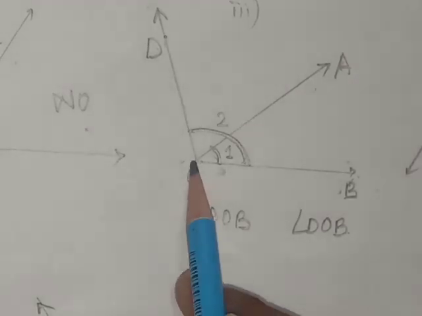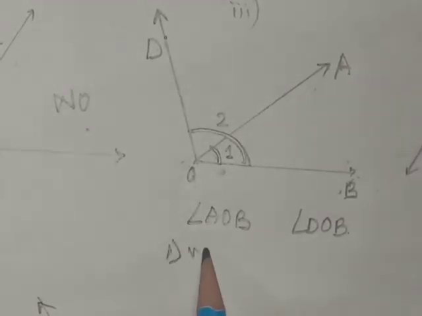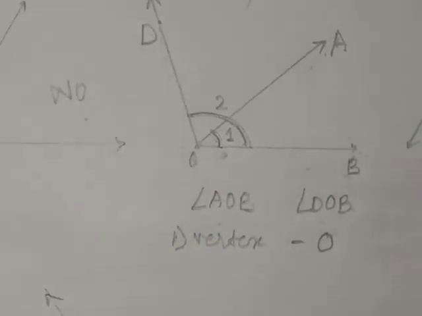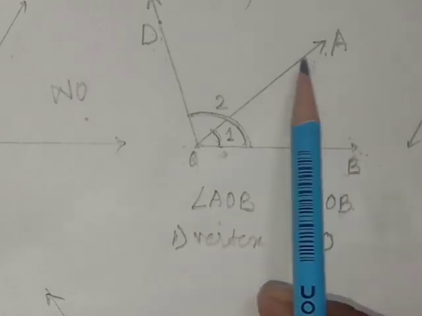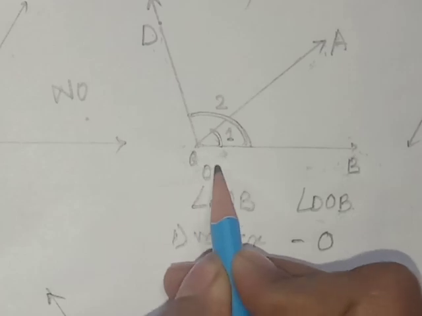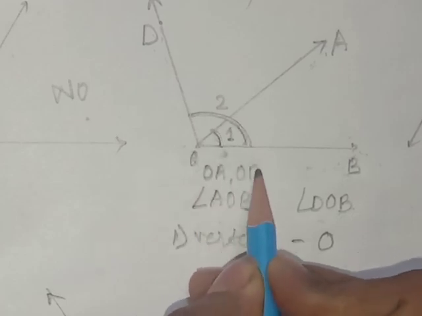Check it out. First, the vertex. Do they have a common vertex? Yes, they have one common vertex, that is O. Talking about angle AOB, it is made up of ray OA and OB.